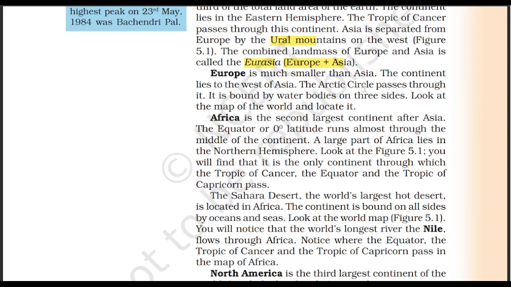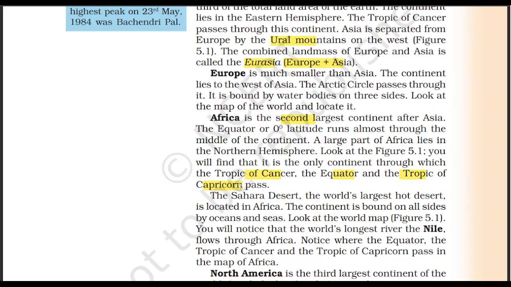Africa is the second largest continent after Asia. The Equator, or 0 degree latitude, runs almost through the middle of the continent. A large portion of Africa lies in the northern hemisphere. It is the only continent through which the Tropic of Cancer, the Tropic of Capricorn, and the Equator, all three, pass.